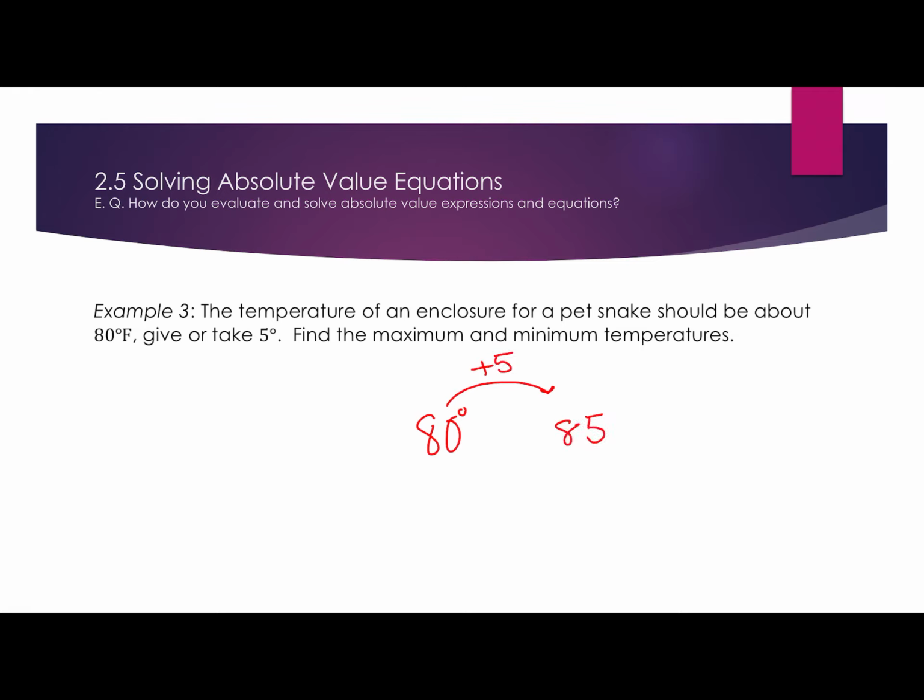So that would be 85 degrees. And taking 5 would be going backwards and subtracting 5, which would be 75 degrees. So the maximum temperature would be 85 degrees Fahrenheit, and the minimum temperature would be 75 degrees Fahrenheit.